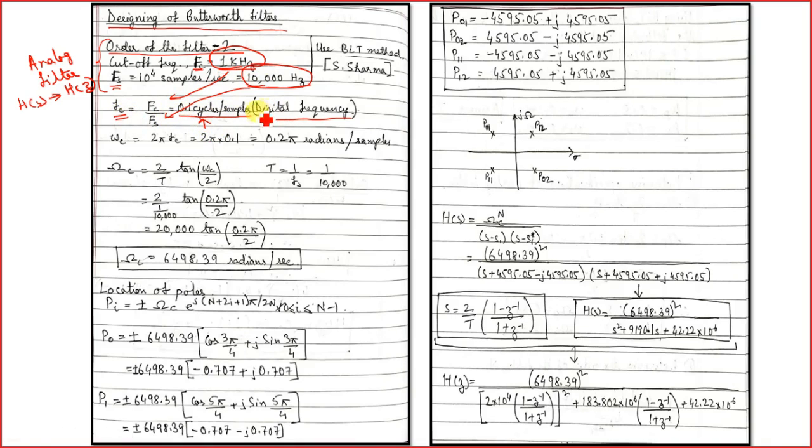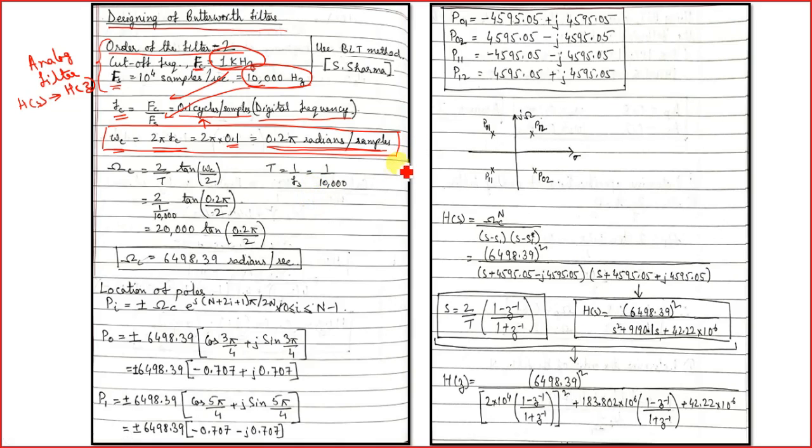From small fc, we can calculate omega c, which is given by 2 pi times small fc. So 2 pi multiplied by 0.1 gives 0.2 pi radians per sample. This is the digital cutoff frequency of the filter we want to design.